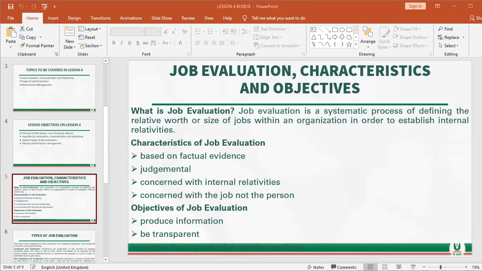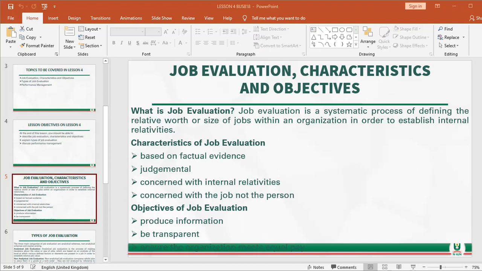So it's very vital for organizations, especially the people in charge of employment, which usually is the HR department, the human resources department. So they produce information as regards the design and also a defensible grade and pay structure.